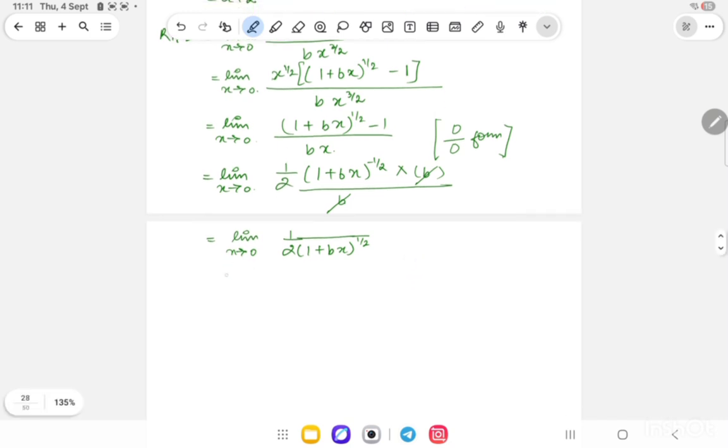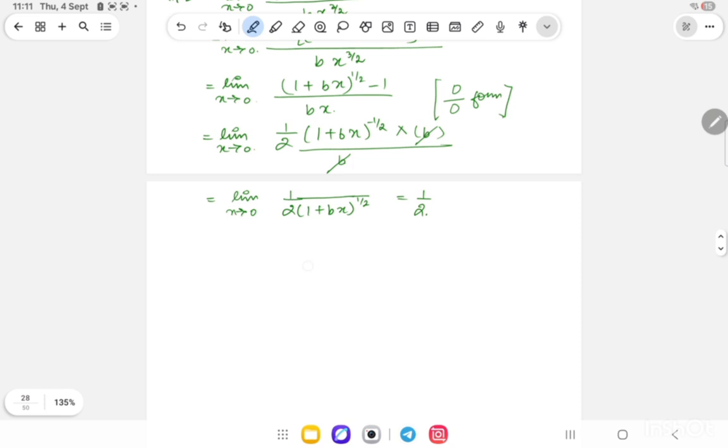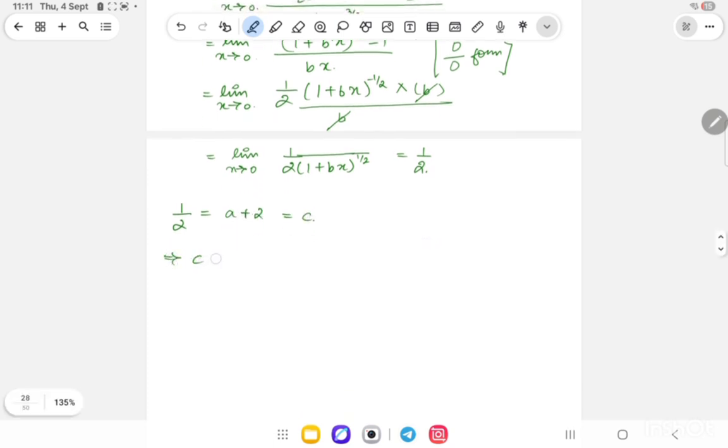If I put x equals 0, I get this limit as 1 by 2. So using the continuity condition, I get 1 by 2 is equal to a plus 2, which is equal to c. From here I got my c as 1 by 2, and a as 1 by 2 minus 2. So my a is basically minus 3 by 2.